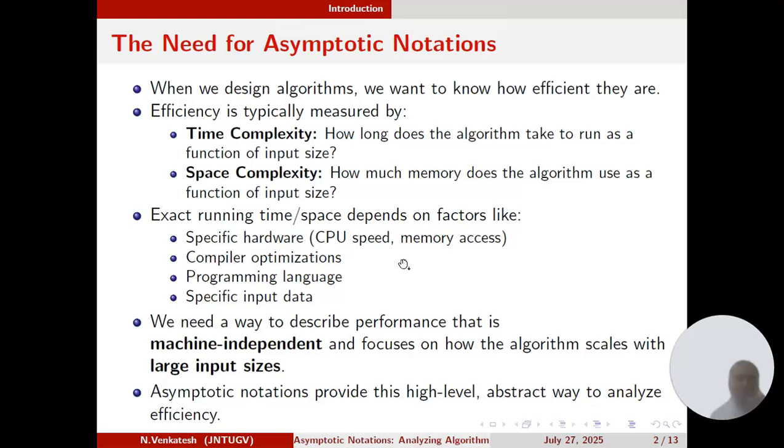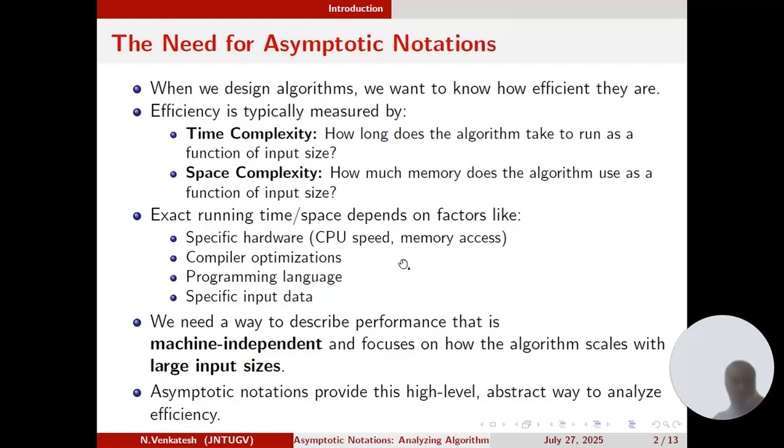So we are expected to specify the time complexity or space complexity of an algorithm without actually executing it on a machine. So we need a machine independent way of specifying it, especially focusing on how it scales for larger values of n. So that is where we are going to use asymptotic notations.